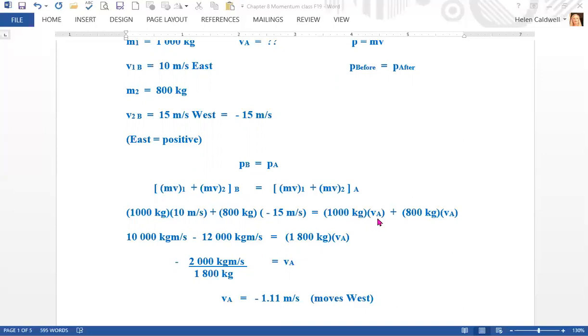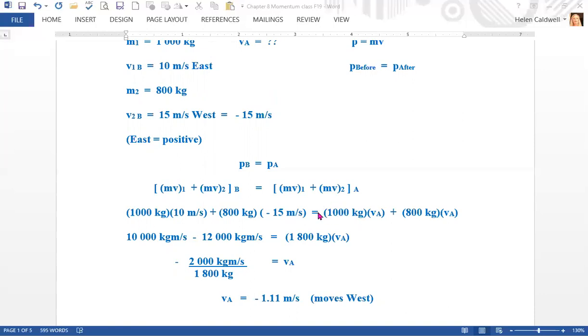So 1,000 kilograms times v after plus 800 kilograms times v after. Okay, 1,000 times 10 is 10,000 kilogram meters per second. 800 times negative 15 is negative 12,000 kilogram meters per second equals 1,000 kilograms times v after plus 800 kilograms times v after, which is the same thing as saying 1,000x plus 800x.